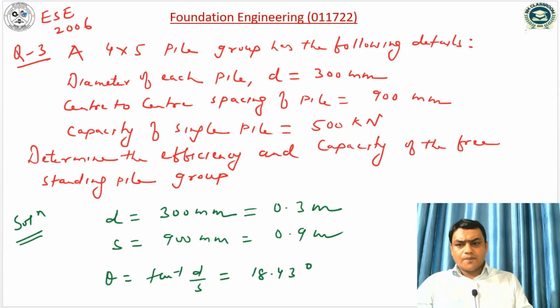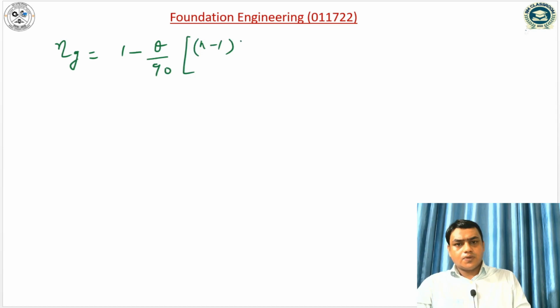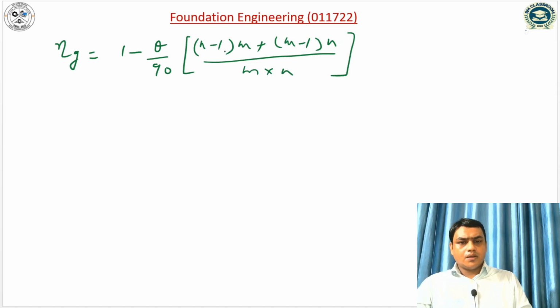So the efficiency of the pile group is equal to 1 minus theta by 90 into [(n minus 1) into m plus (m minus 1) into n] divided by m into n, where m is the number of rows and n is the number of piles in a row.